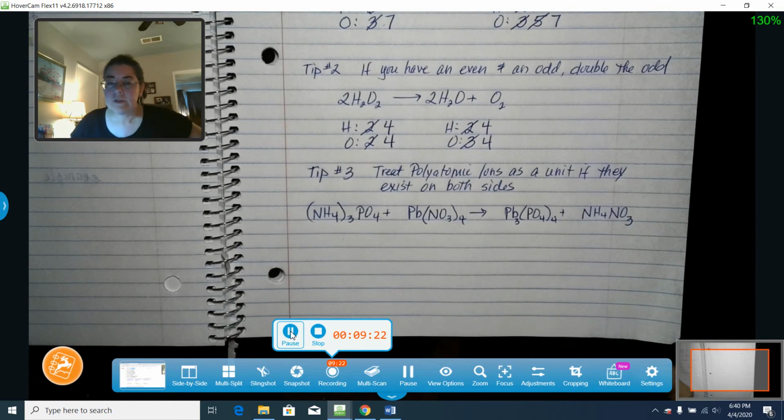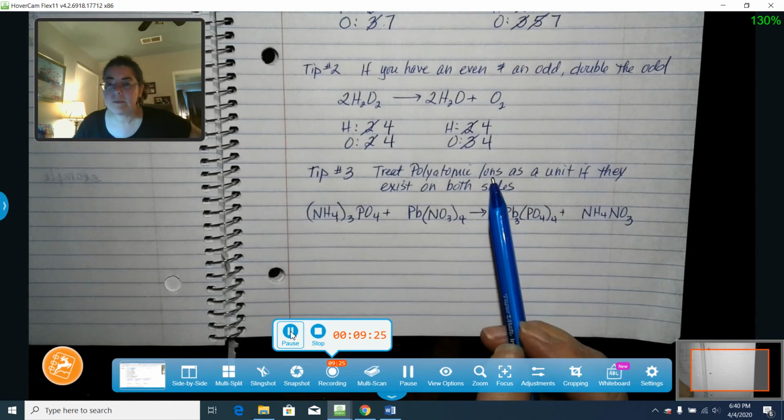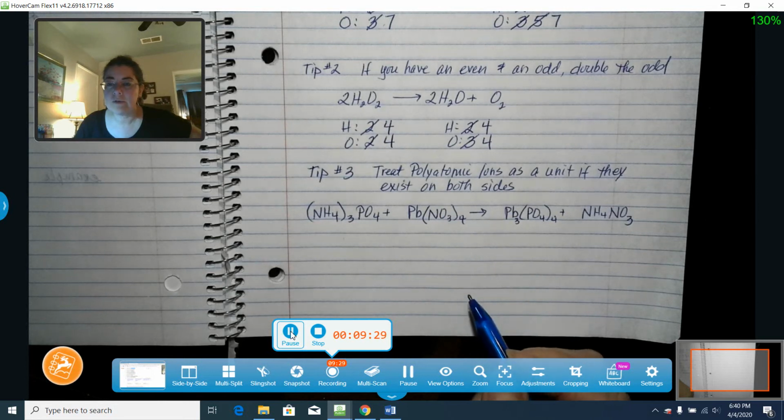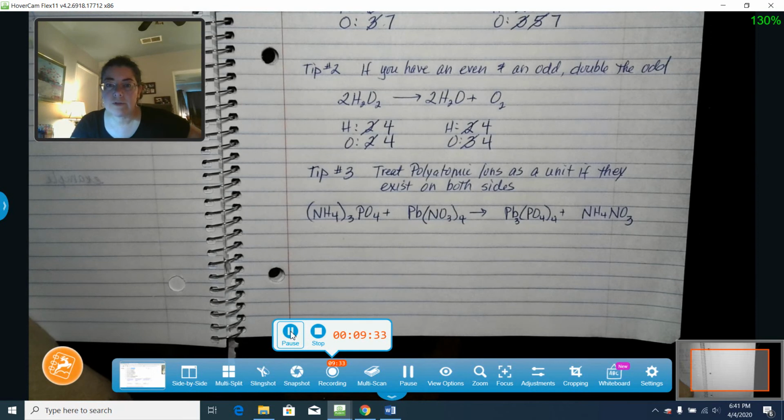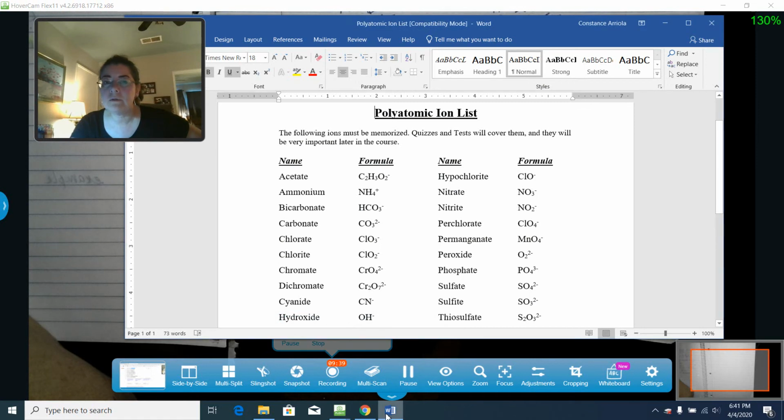Okay. Tip number 3, treat polyatomic ions as a unit if they exist on both sides. Alright, so I gave you a list of polyatomic ions earlier. It looks like this. These are a list of very common ones, there are many more than these.